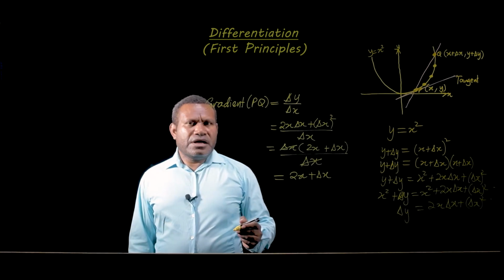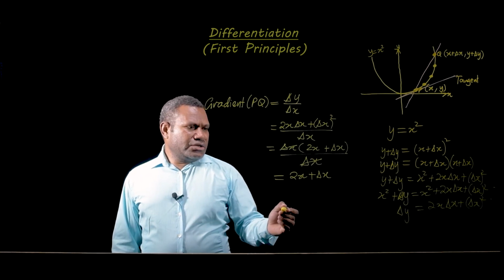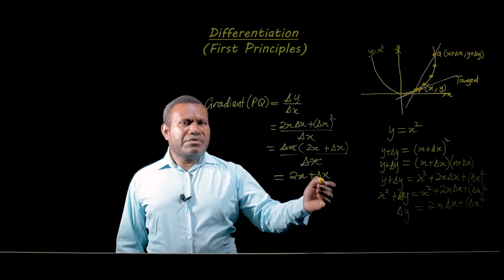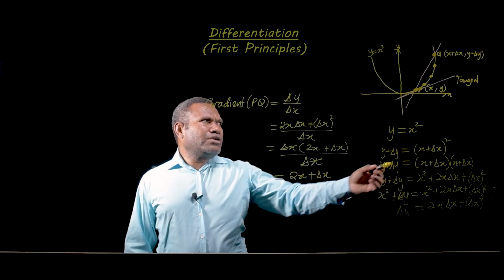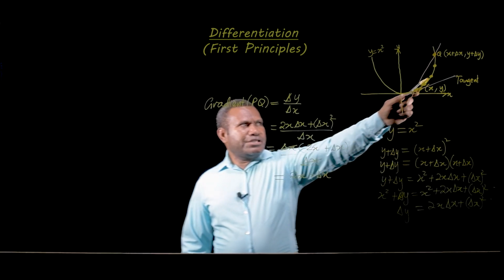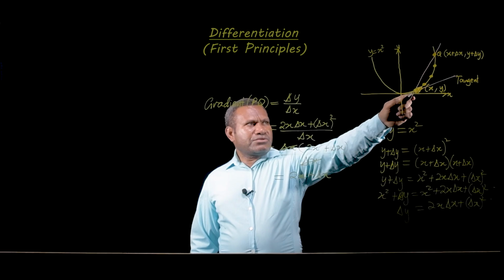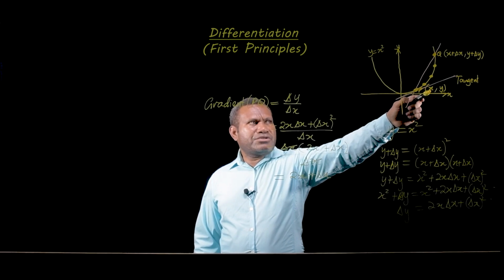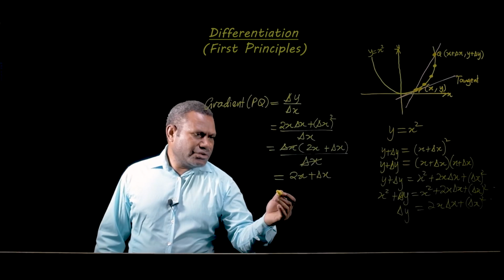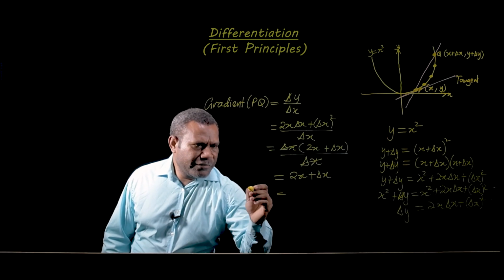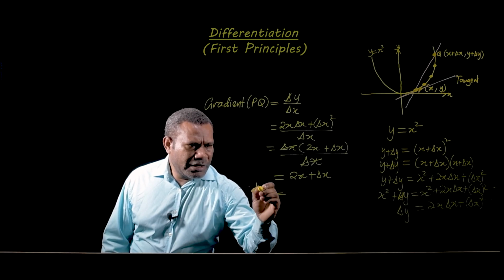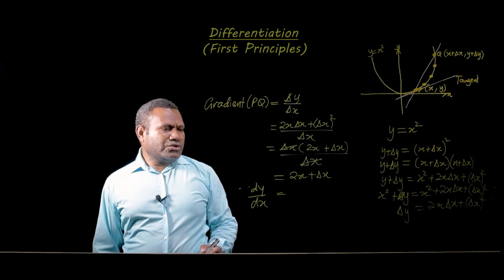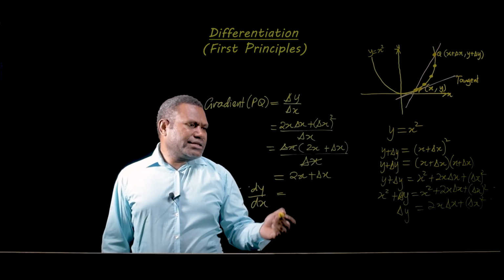Now we are going to apply what is called a limit. Delta x is a small increment, so as we move through the points here, delta x will approach 0. Therefore, we are going to introduce another notation for the derivative function or derived function, which is dy over dx.